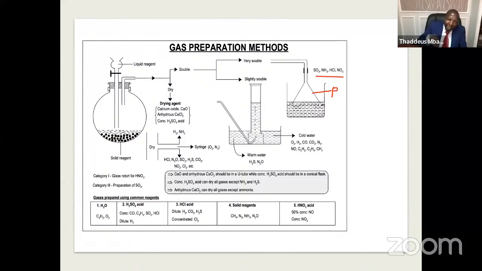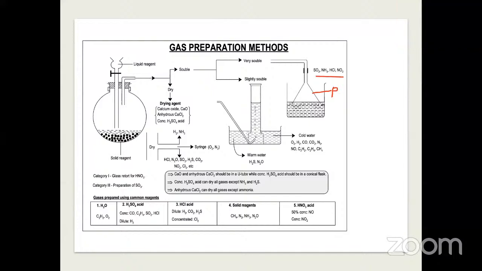Why is it that the chlorine gas is not dissolving in water? Jordan Onsarigo, mute yourself and answer the question. I think the reason is because hydrochloric acid has more affinity for dissolving in water, and therefore it dissolves more than chlorine. That's why it does not dissolve the chlorine.